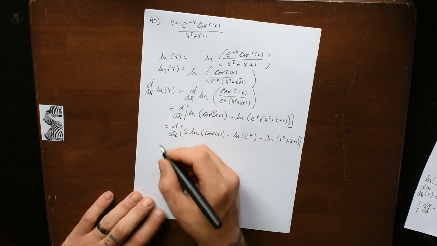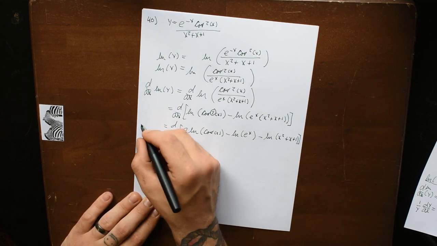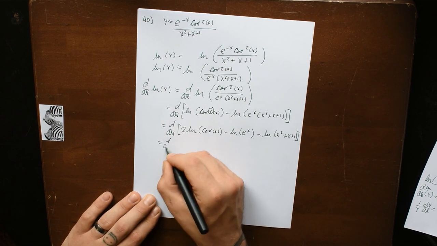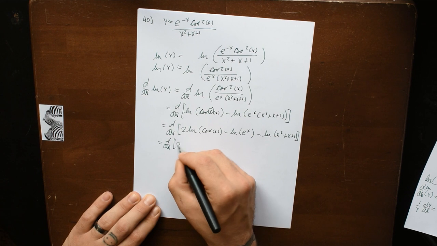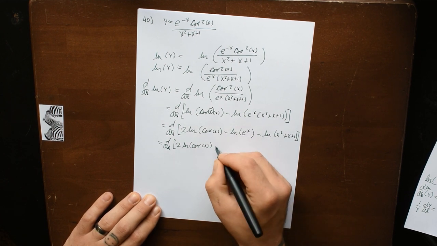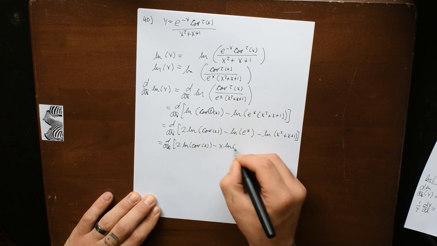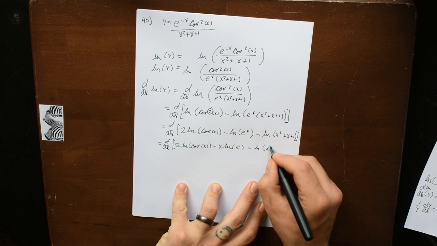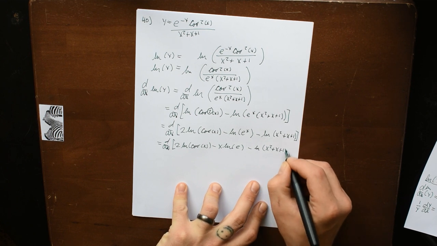We'll do one more step, and that'll be equal to the derivative with regards to x of 2 ln of cosine of x minus x natural log of e minus the natural log of x squared plus x plus 1.